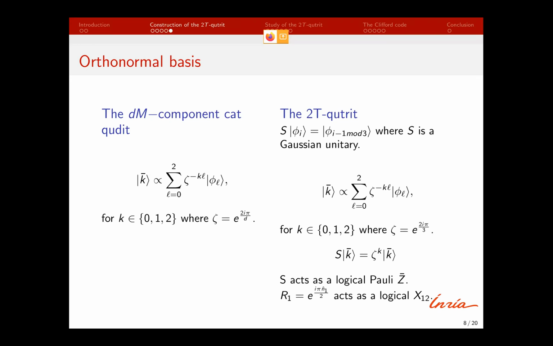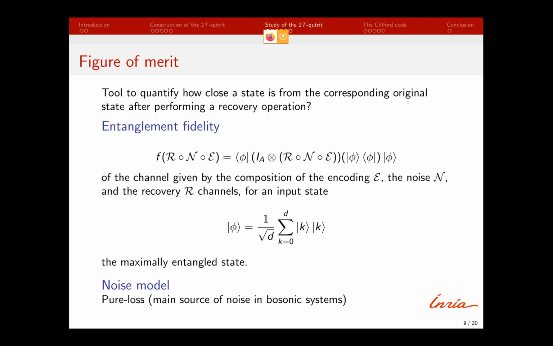For the next paper, the second part of the talk, these are the kind of gates we'll be interested in. Now that we have defined the qutrit, we wanted to look at what kind of performance it can give.